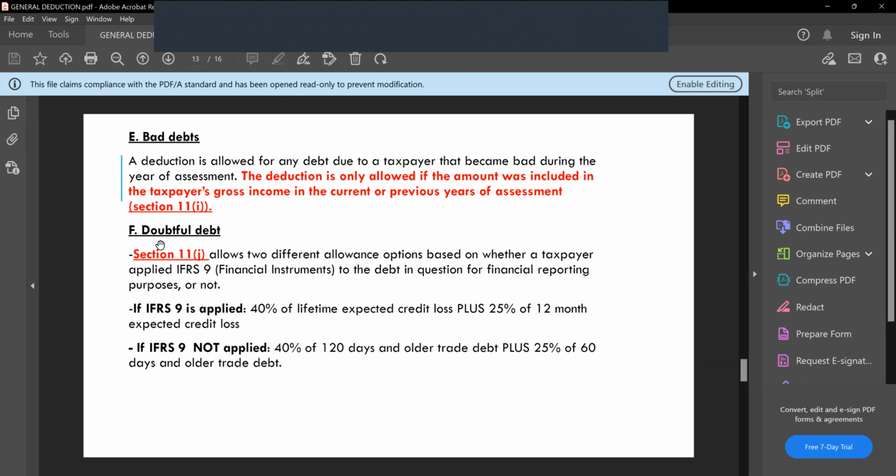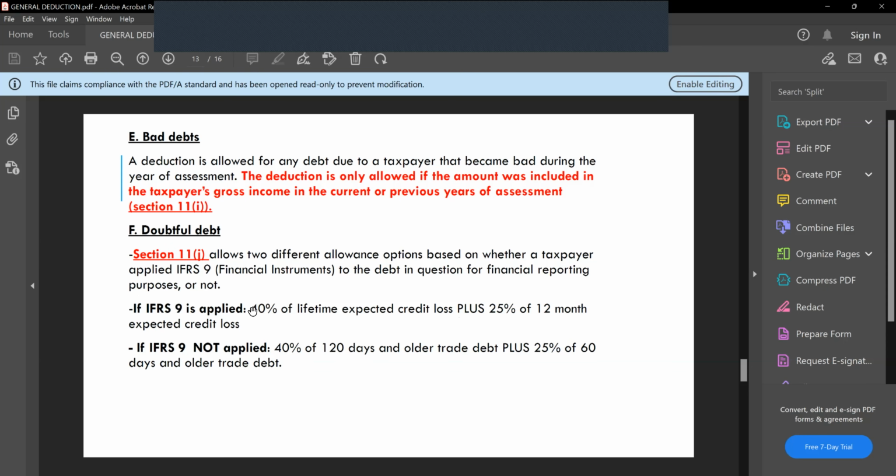Then there's doubtful debt, allowance for doubtful debt. Section 11J allows 2 different allowance options based on whether a taxpayer applied IFRS 9 to the debt in question for financial reporting purposes or not. So if IFRS 9 has been applied, then the deduction will be 40% of the lifetime expected credit loss plus 25% of the 12-month expected credit loss.